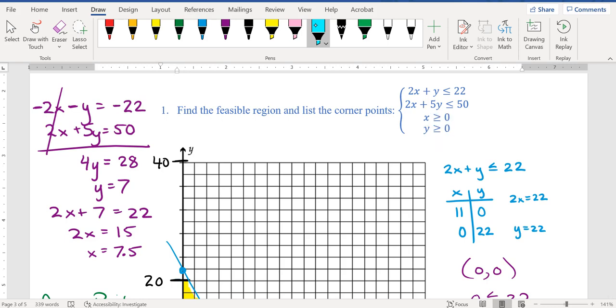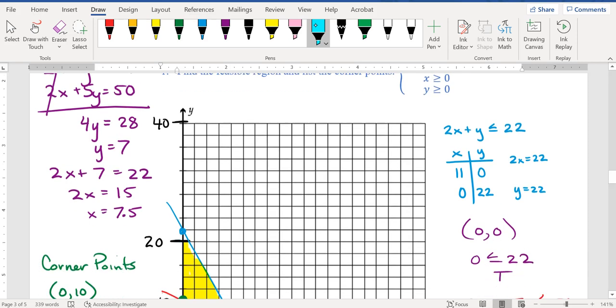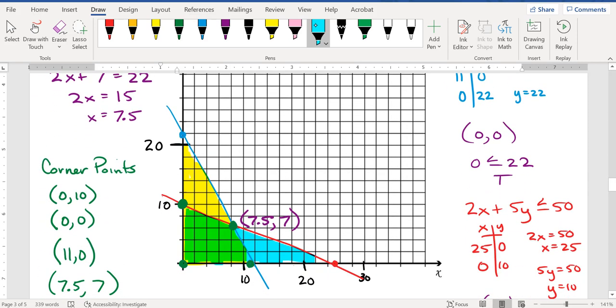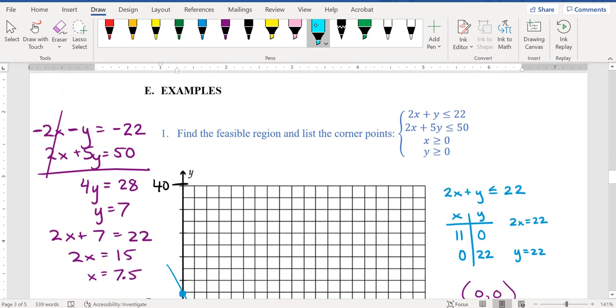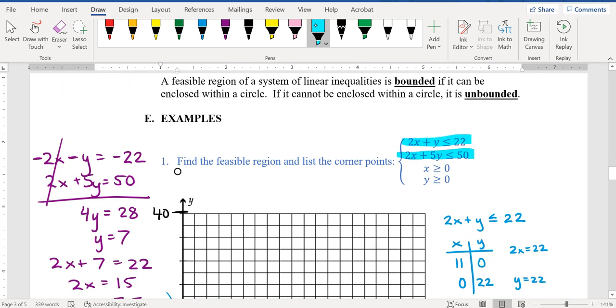When I did these two inequalities, I found my feasible region in the first quadrant, and it was the one that's here in green. Then I found my corner points. 0, 10, 0, 0, and 11, 0 were easy to find. I had to go find this corner point by putting those two equations into a system and solving where they intersect.